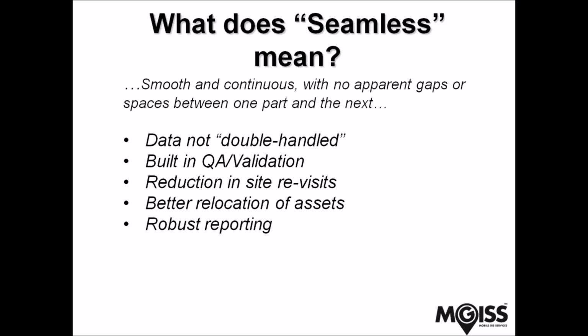But then in terms of being able to report to clients, to internal departments, and for those in industries that are regulated, a more seamless approach ultimately results in a better means of reporting information back to those who rely on the use of GIS.